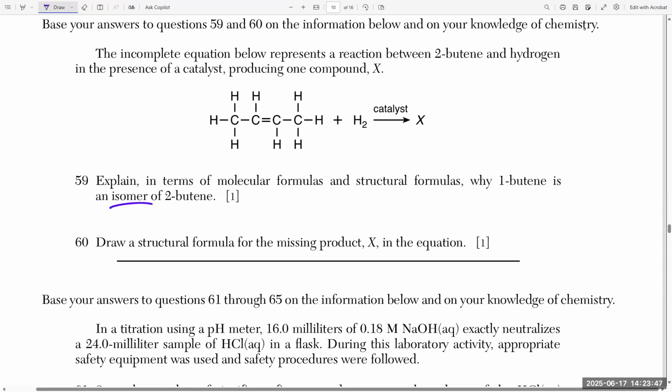Definition of isomer. Isomer, once again, is what? Same chemical formula, but different shape or different structure, right? So because it's the same chemical formula, what do you expect? You expect the molecular formula to be the same, right?